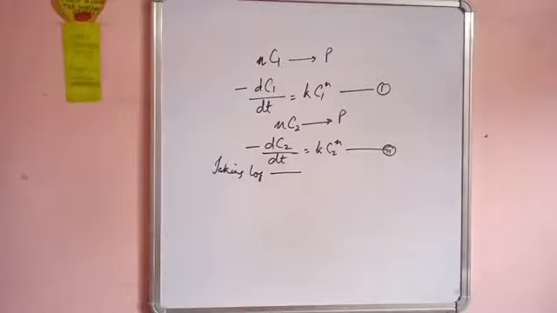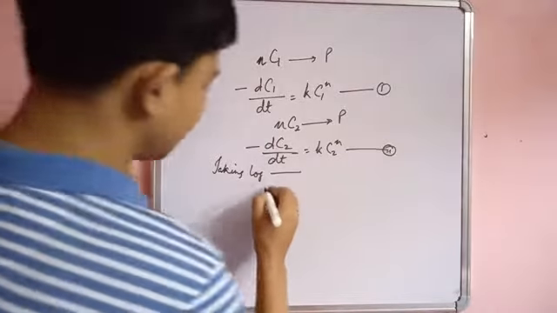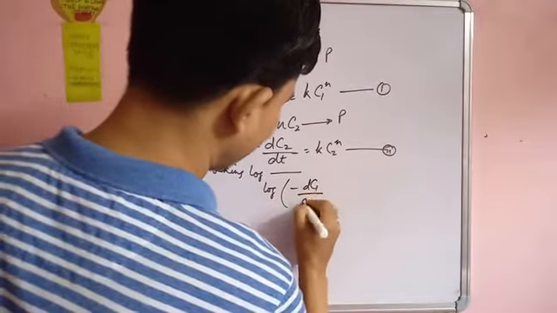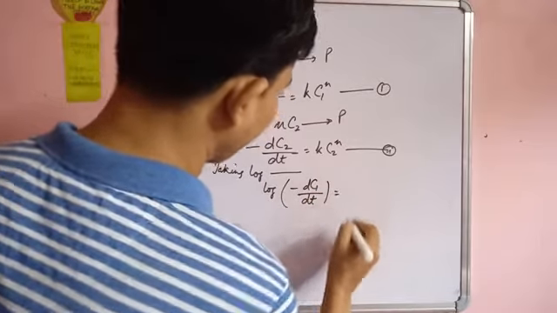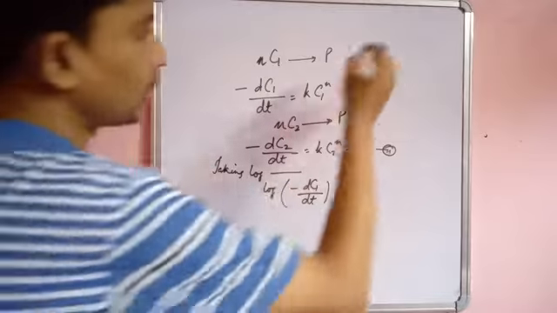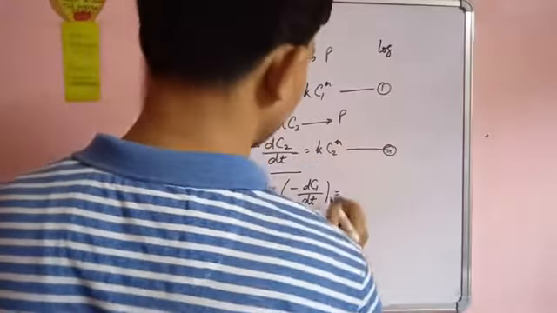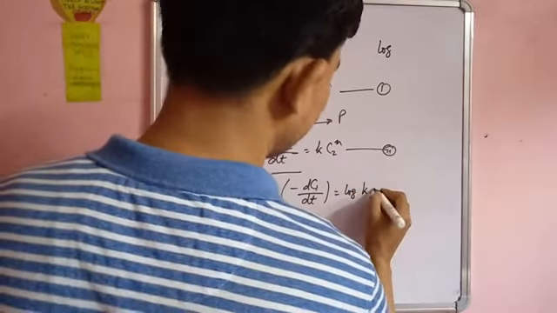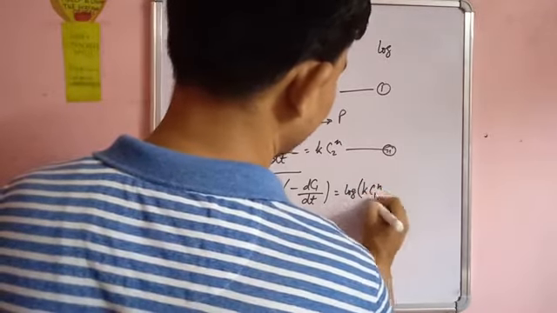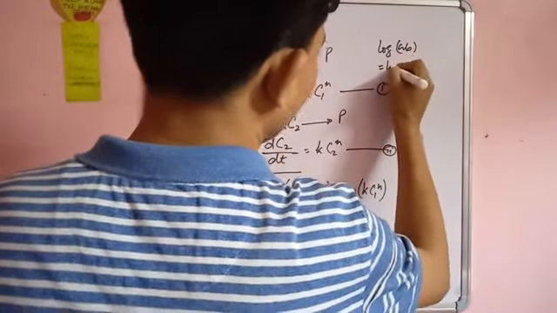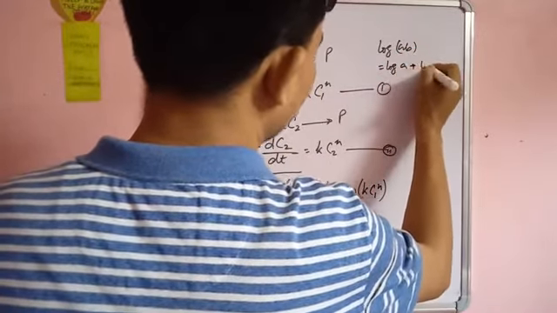Log of minus dC1 by dt is equal to log of K C1 to the power n. We know that log ab is equal to log a plus log b.